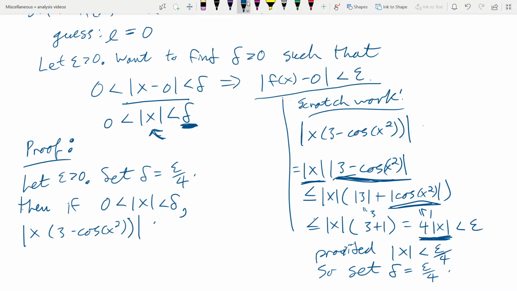So now with this, you can actually just follow all the steps we have here if you wanted to fill them in. I'll just skip right to the end because we already know how to do all that. And now we use the fact that absolute value of x is less than delta. So 4 absolute value of x is less than 4 delta, but delta equals epsilon over 4. And then we're done. Okay, so that's the proof of that.